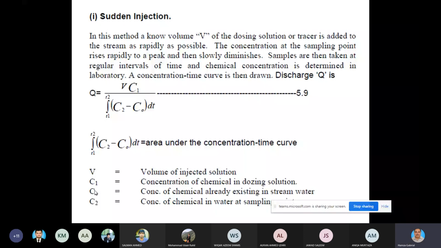If that chemical is not present, then C naught will be 0, and C2 is the concentration of chemical in water at the sampling downstream side. Just by substituting the values of these parameters in equation 5.9, you can find out the discharge value.